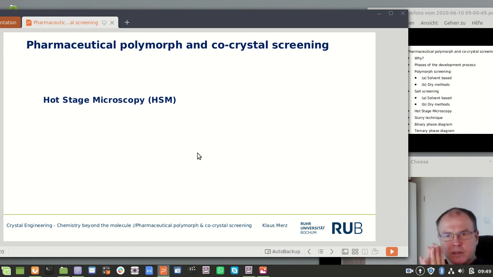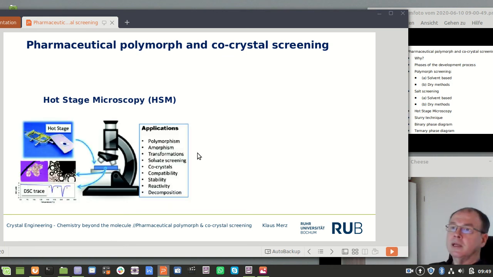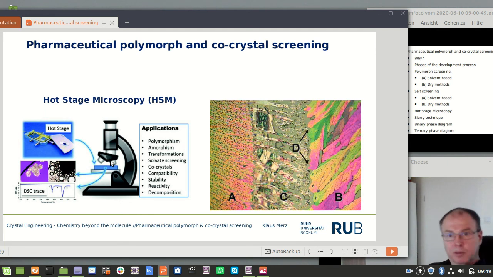Another method to monitor and have a look if something happens between 2 compounds is the use of hot stage microscopy. It's very easy. You need only a microscope. It is heated here, you see it in the stage, and then you can very nicely observe what happens or not. This is a typical picture. This is compound A, this is compound B, and when the stage is heated you see something happens here in the middle.